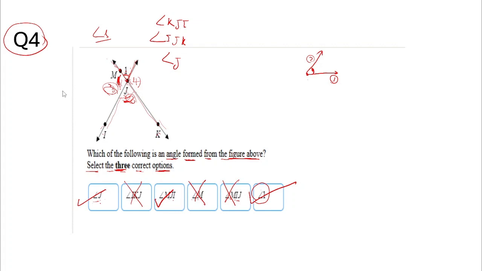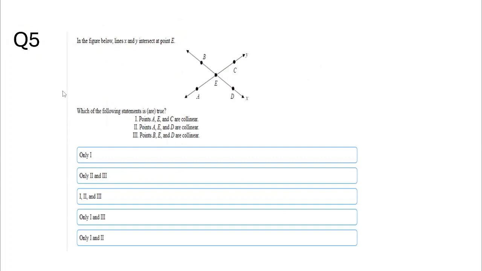1, 2, 3. Okay, so let's move to question number 5. Question number 5 says in the figure below, lines X and Y. This is line Y and this is line X, intersect at point E. Which of the following statements are true?